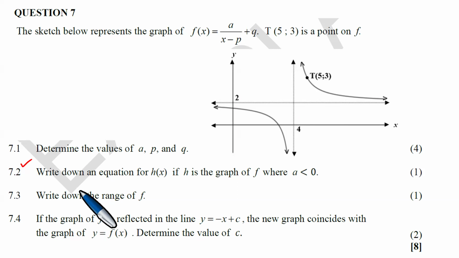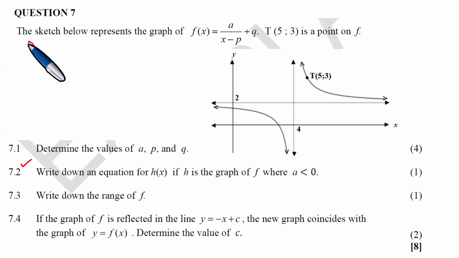There are a couple of things that we have here. To write down an equation for h of x, if h is the graph of f where a is negative, let us look at this very carefully.